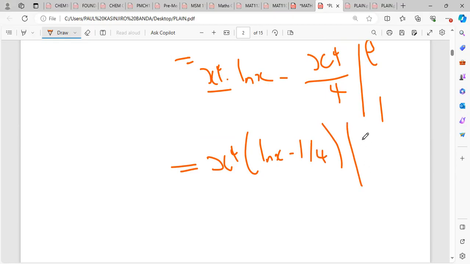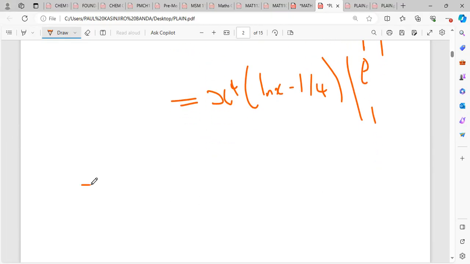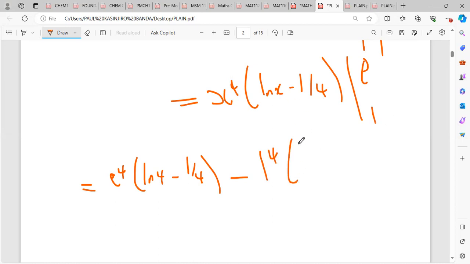Then I'm inputting e and 1 there. Meaning it is equal to, where there's x now, I'm going to put e to the power 4, then minus 1 over 4, then we say minus, then we now input 1 wherever there's x, so the power 4, then 1, minus 1 over 4.